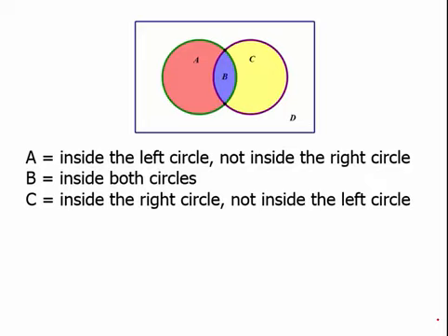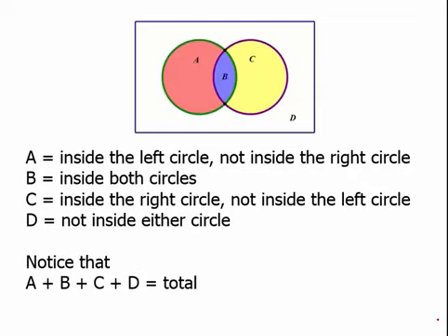So these are in the purple circle only, and not in the green circle. And then D are all the people outside of both circles. Notice that when we add these four regions up, this adds up to the total, either the total number of students or the total number of people in this particular study.